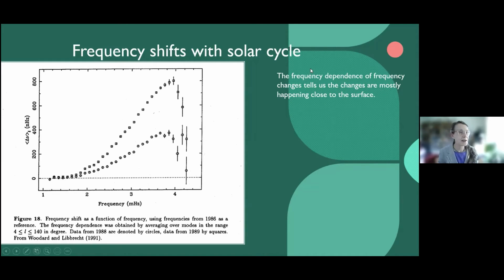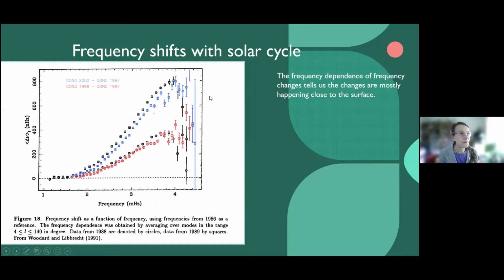And so the upper curve is near solar maximum. The lower one is about halfway up the cycle, and it's a difference from solar minimum in averaged frequencies over a range of degrees. And you can see very clearly that shape that's characteristic of the mode inertia dependence.